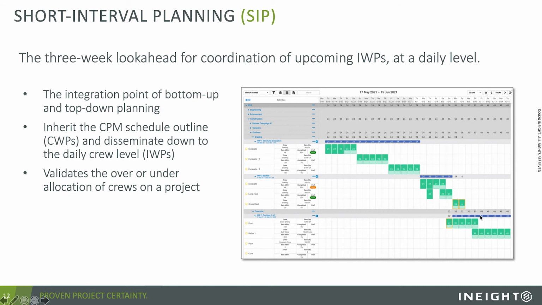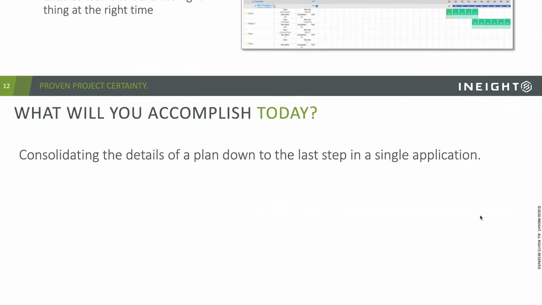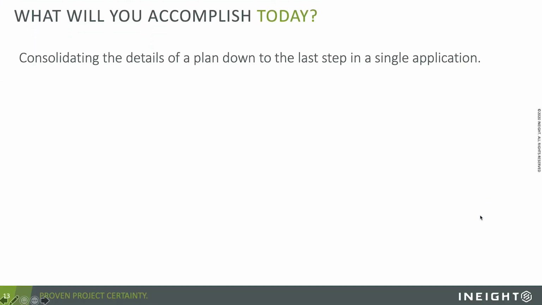The allocation of your resources on the project are key to understanding, collecting, and then sending that plan out to the field. That allows your teams to build the right thing at the right time. They know exactly where they need to be, and they know exactly what they need to do today.